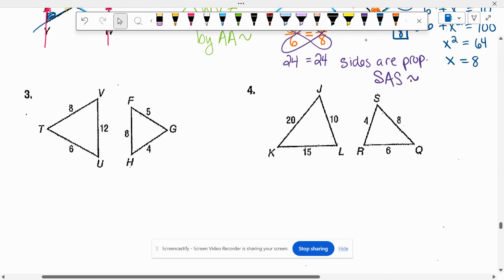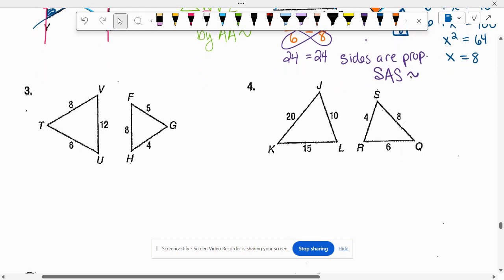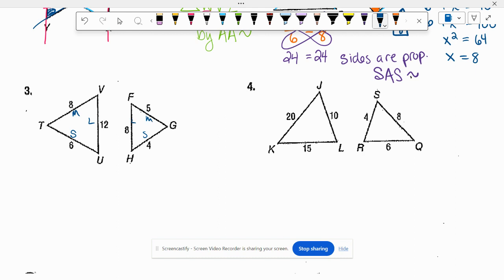Number 3. So I have 3 sides, 3 sides. So I would do it like this: small, medium, large compared to small, medium, large. You only need 2 fractions, right? So 6 is to 4 as 8 is to 5. Let's do cross product.